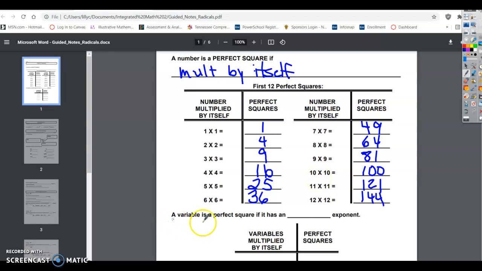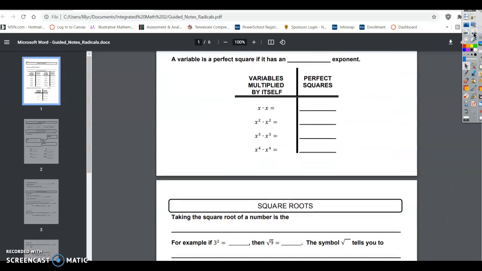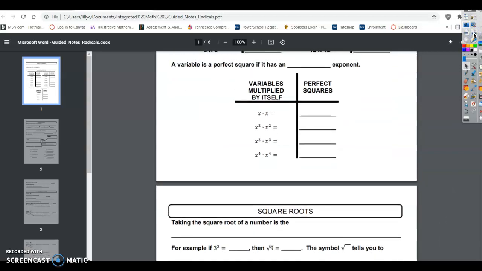Alright, a variable is a perfect square if it has a 2 as an exponent. Looking at variables with perfect squares, x times x is going to be x squared.